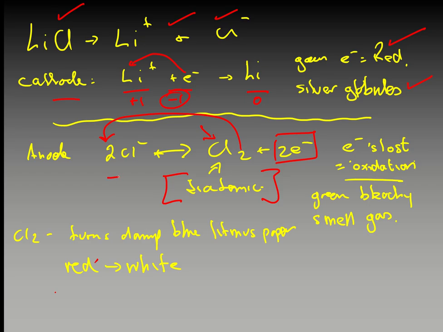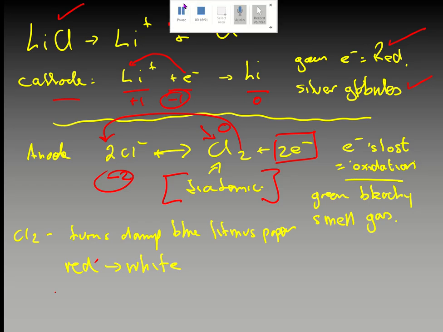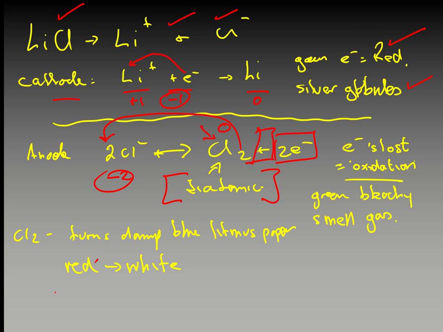Total charge on the left-hand side there is -2. Total charge on the right-hand side at the minute is 0. My 2 electrons bring that down to -2. Okay, that means that the electrons are lost. This positive sign here tells me that the electrons are separate from each other now. So electrons have been lost. That's oxidation.